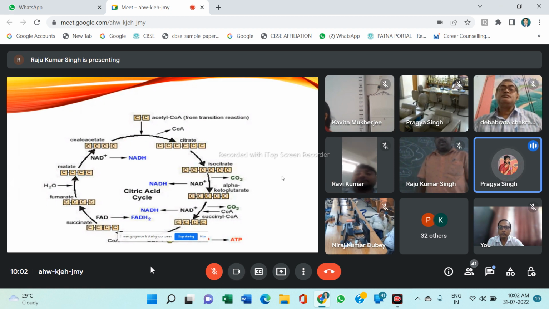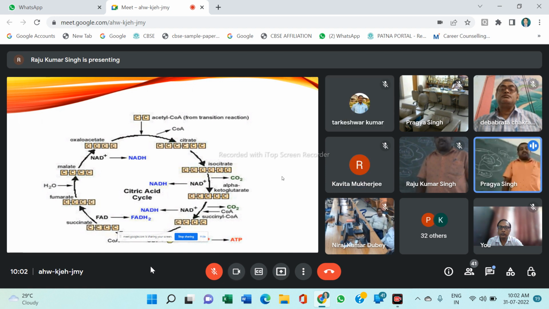When it undergoes decarboxylation, carbon dioxide is released. Again, there is formation of NADH, and there is addition of CoA. That's why the product is succinyl CoA.